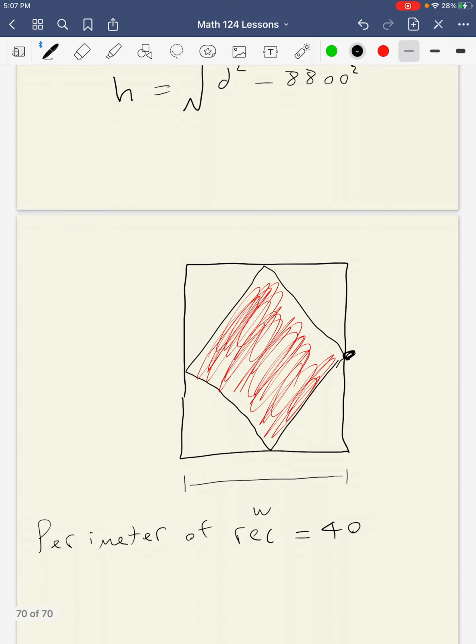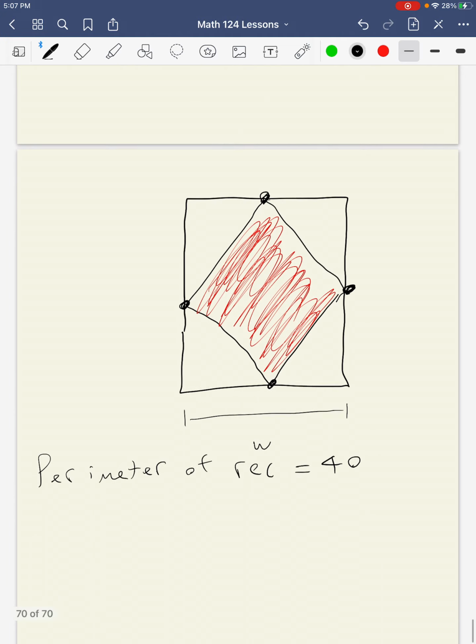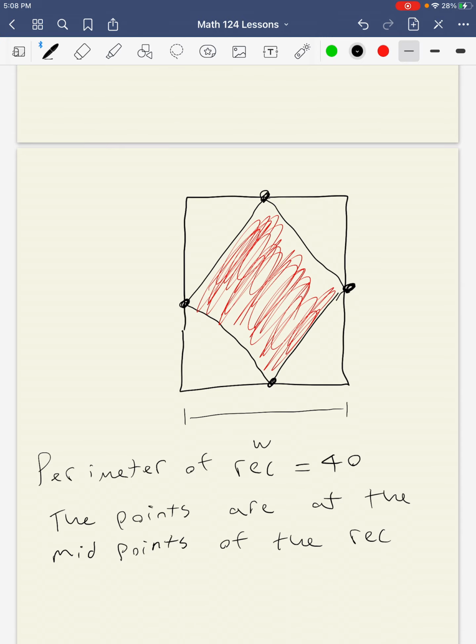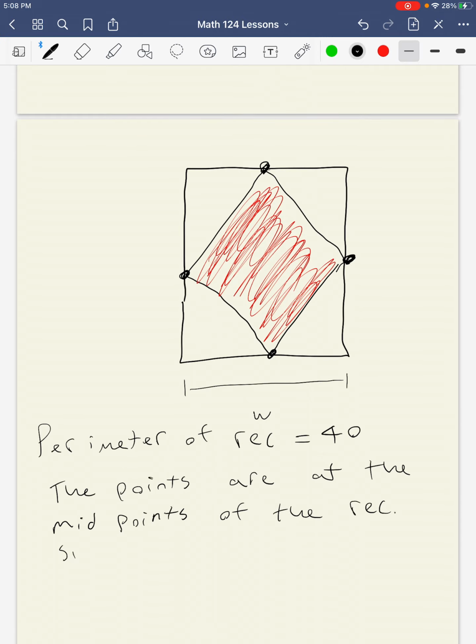Okay, and then we are given that these points here at the corners of the shape are at the midpoint of the rectangle sides.